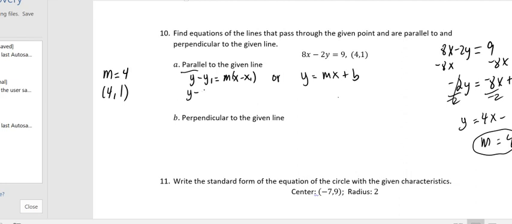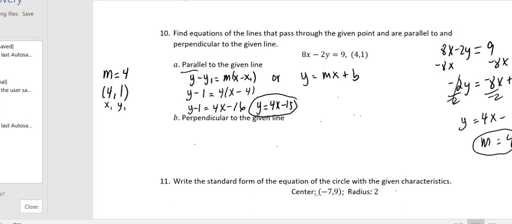So y minus 1, remember this is your x and your y. m is 4, x1 is 4. Simplify, 4x minus 16. Add the 1, so what do we get? 4x minus 15.